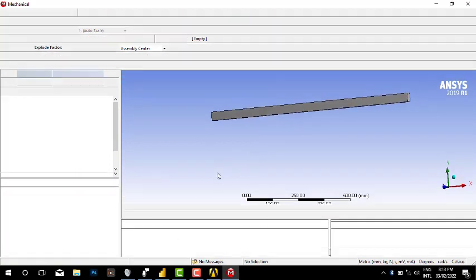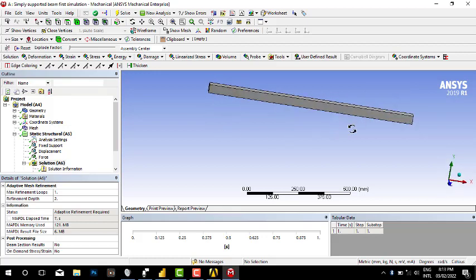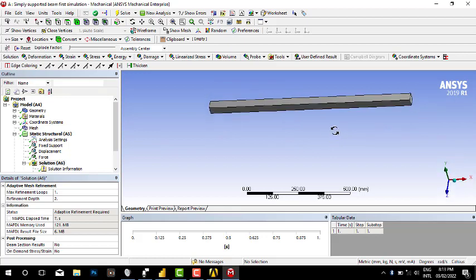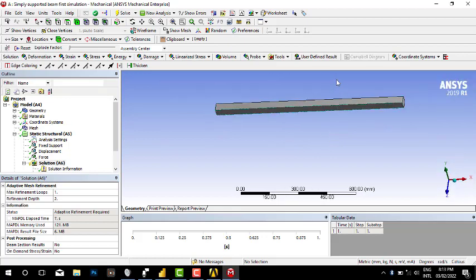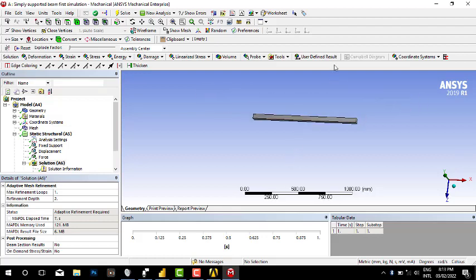Okay, here we go. This is ANSYS Mechanical, the mechanical environment. You can see from the project toolbar, we have the model, which is this model of a beam. As you can see, this is the beam that was designed using ANSYS.